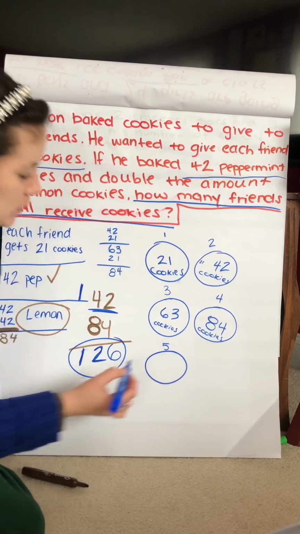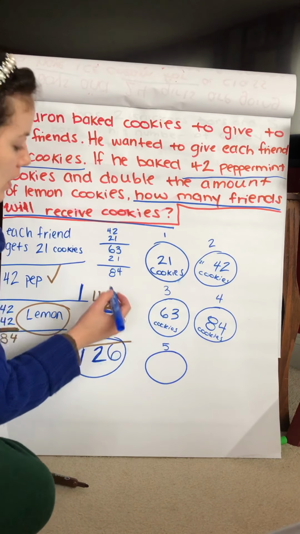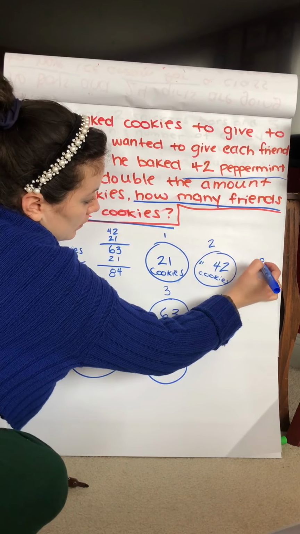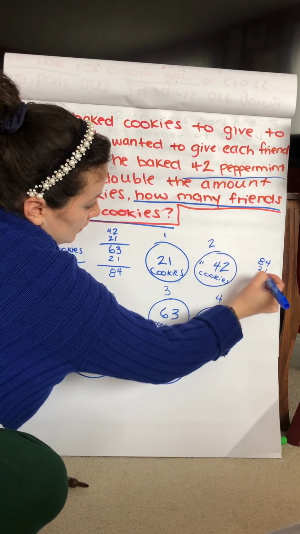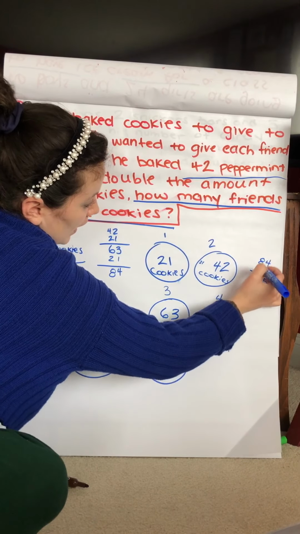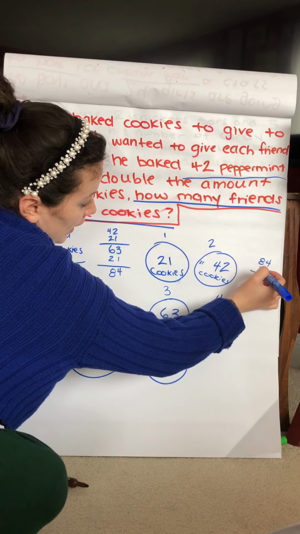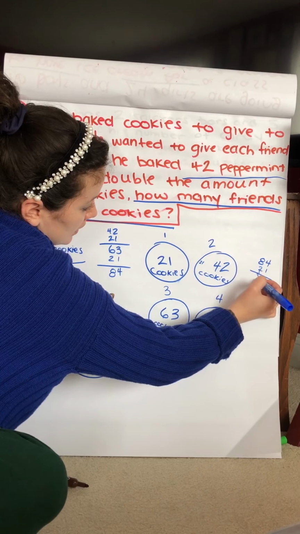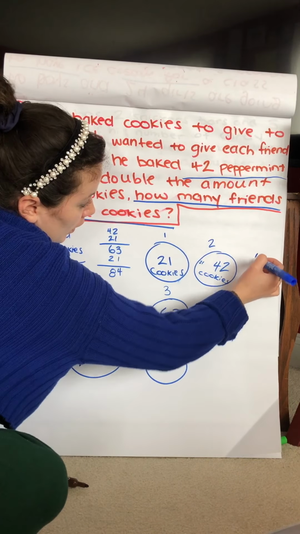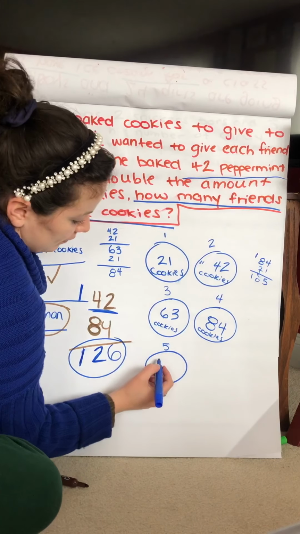We can give 21 to a 5th person. 84 plus 21. 8 plus 2. Uh-oh, that equals 10, so we're carrying down our 0 and bringing our 1 to the hundreds place. 105.